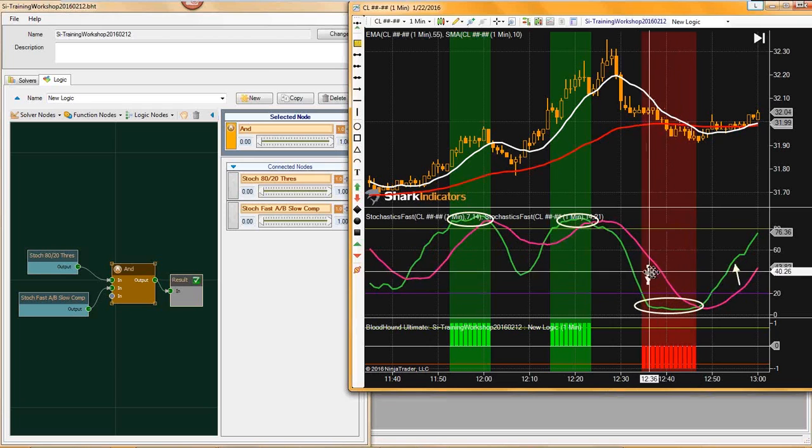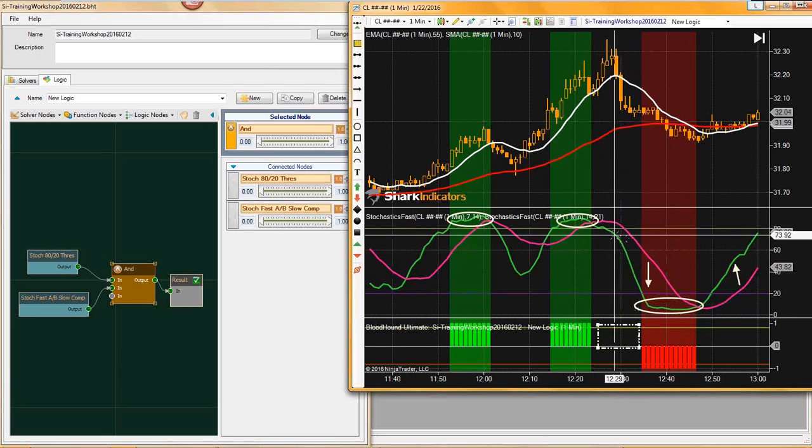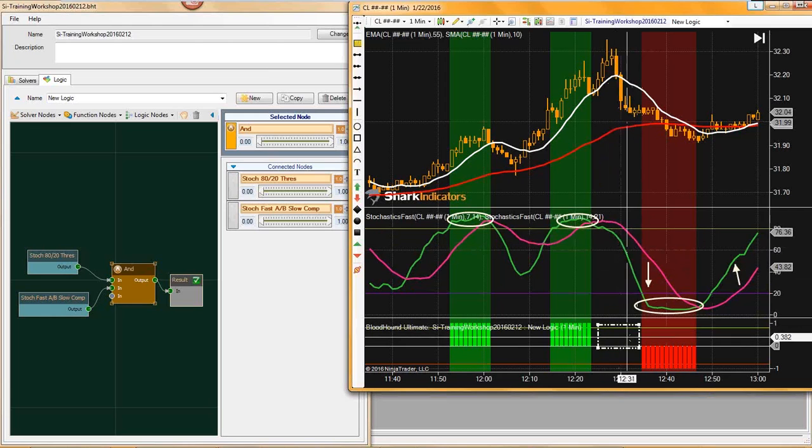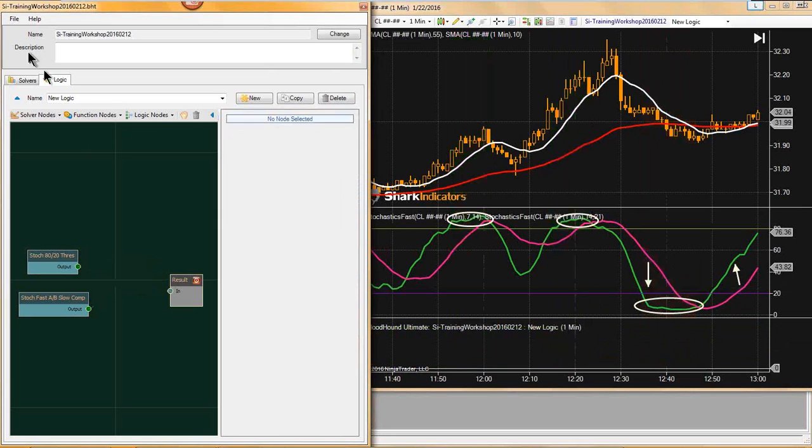So where we get the short output, that's the overlap of where condition A and condition B agree with each other. With the AND node, this area here is where condition A and condition B do not agree with each other, so there's no output.